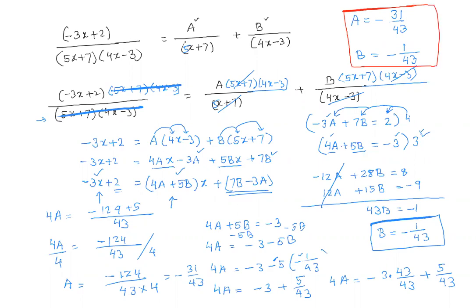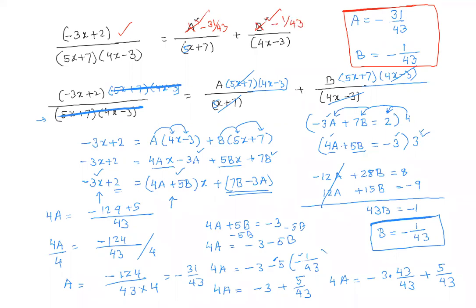All right, A is going to be here and B is going to be here. If you break this down, you're going to get these two fractions. Instead of writing A, you're going to write -31 over 43. Instead of writing B, you're going to write -1 over 43.